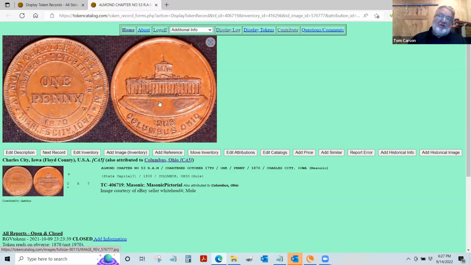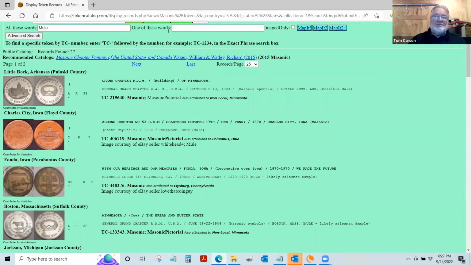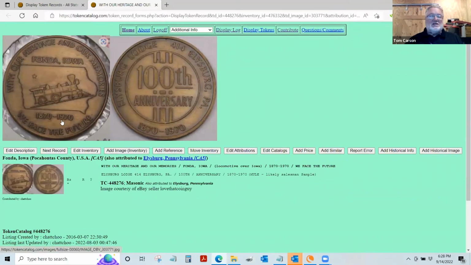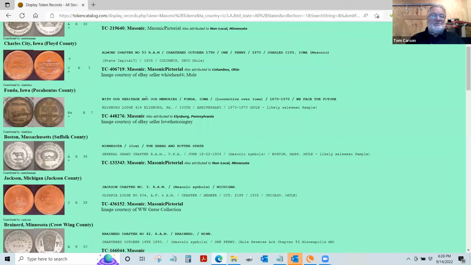Now, it's possible they went to a meeting in Columbus. I don't know. But this die, by the way, is cracking real bad on the front. This die was fairly recent. Both of them were from 1970, and one of them's from Fonda, Iowa, and the other one's from Edleysburg, Pennsylvania. May have been an honest mistake, may have been a salesman sample, don't know.